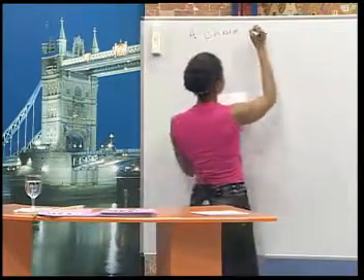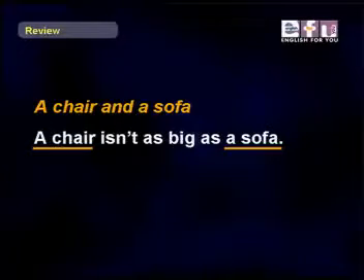Okay, Sylvia, you do the first one. A chair and a sofa. A chair isn't as big as a sofa. Good, Alberto. Here's one for you.